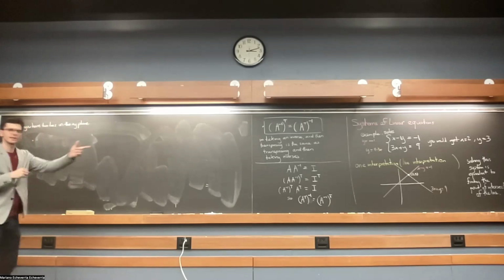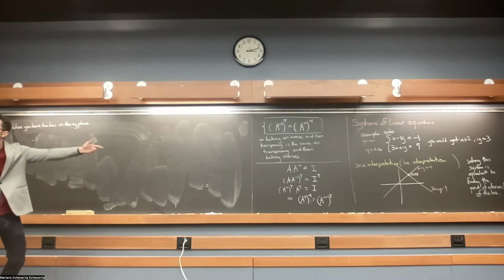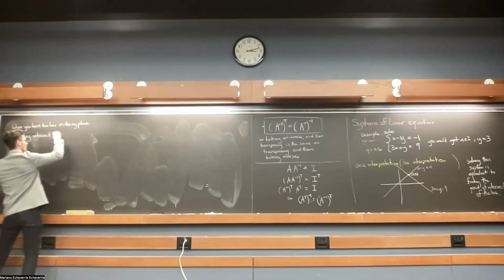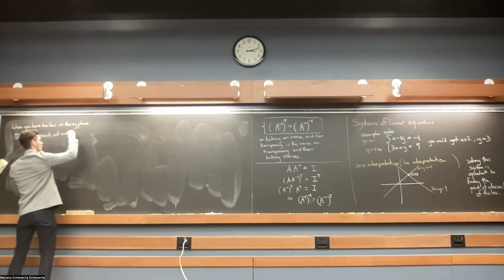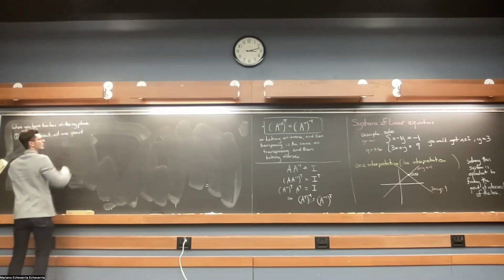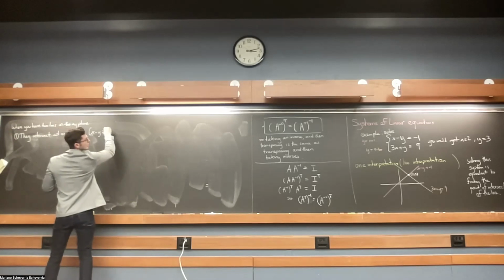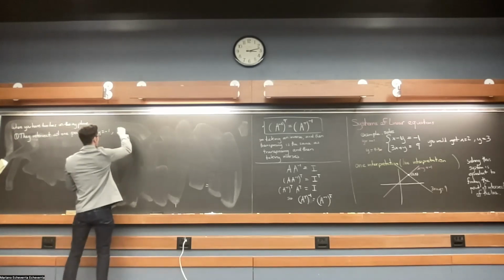They can intersect at one point, which is what you see there in this picture. So option one is that they intersect at one point. An example of that would be x minus y equals -1 and 3x plus y equals 9.